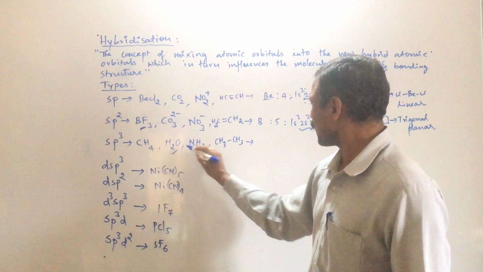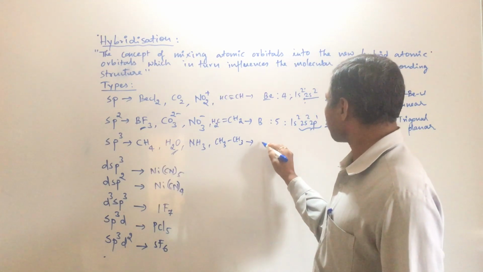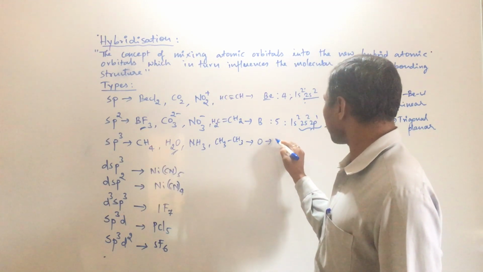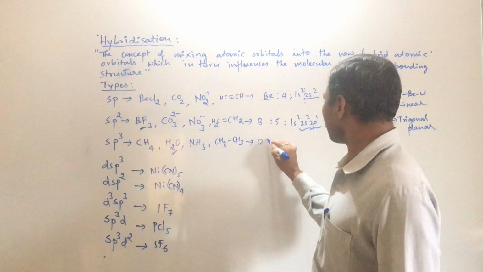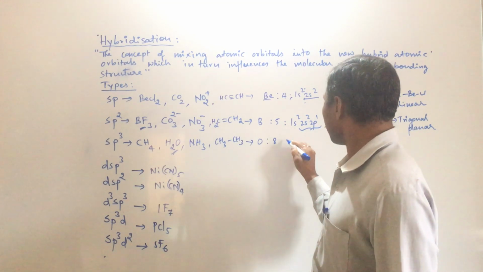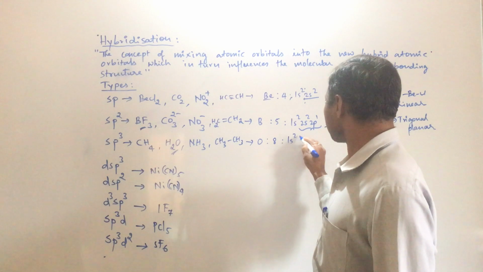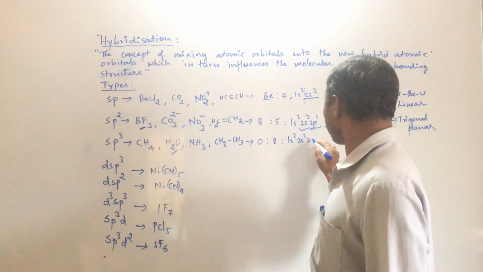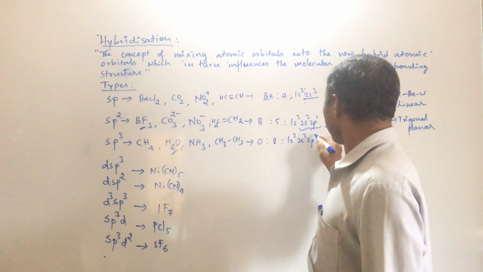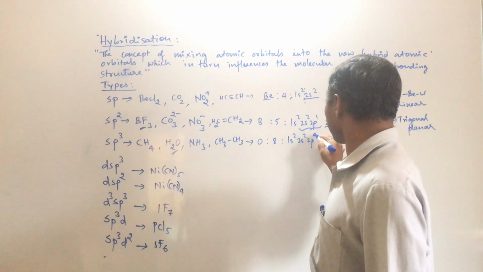And the third one, here the methane or water molecule. Let me take the water molecule here. The oxygen, its atomic number is 8, and the electron configuration is 1s2 2s2 2p4.